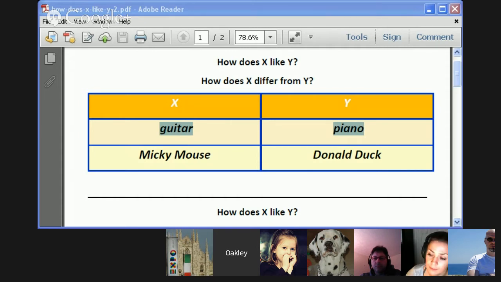Okay, now that's interesting. They have different weight. Let me make a remark about that answer. You can simply say they have different weight, because weight can be an uncountable noun. You could also say they have different weights if you're talking about each of their individual weights.